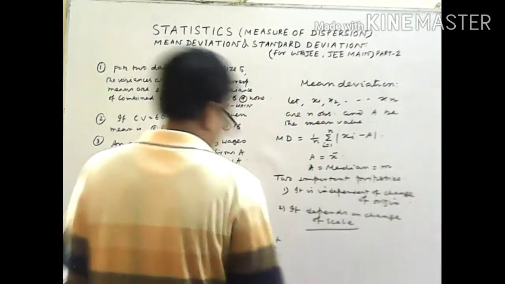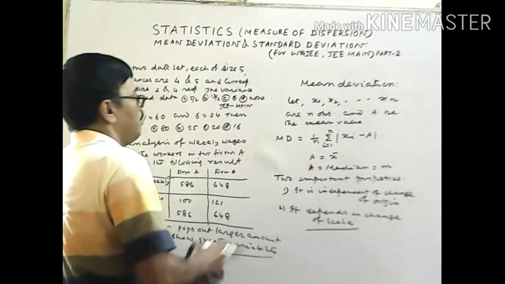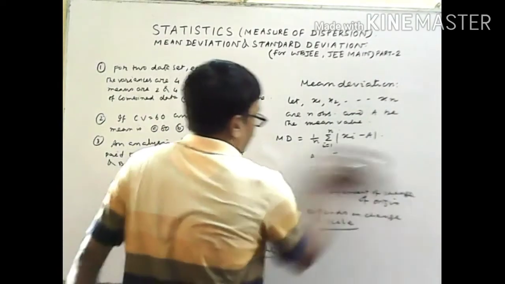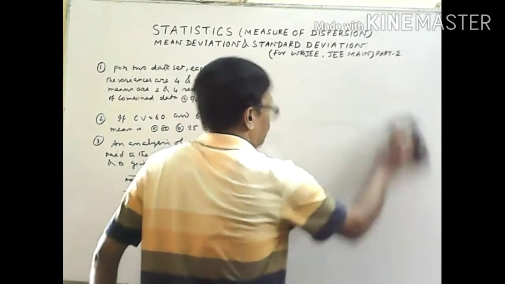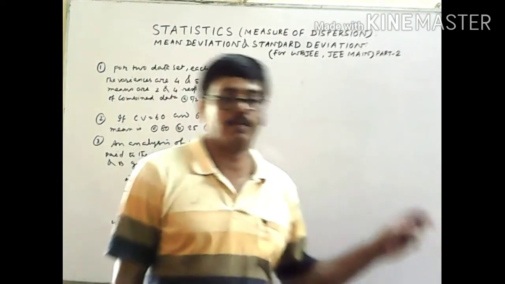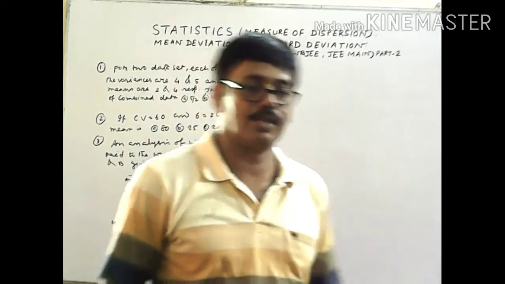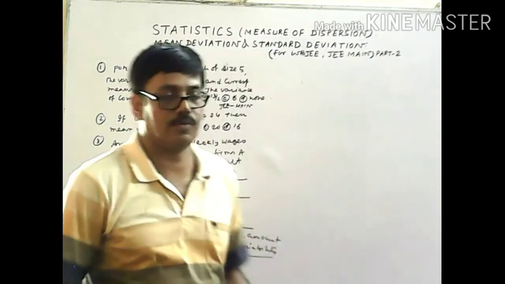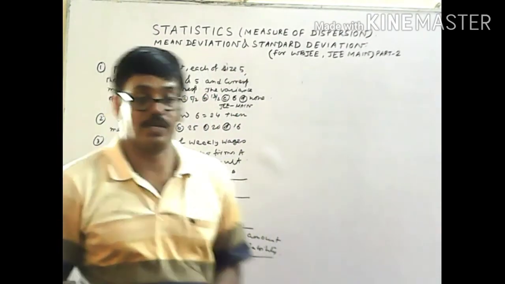Now, mean deviation and standard deviation have units. If original variables are given in terms of centimeter, then the unit is centimeter. If it is in terms of kg, the unit is kg.